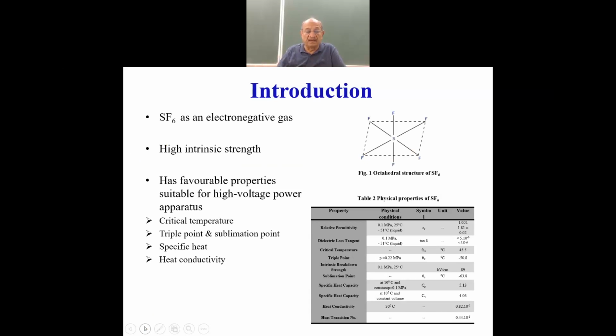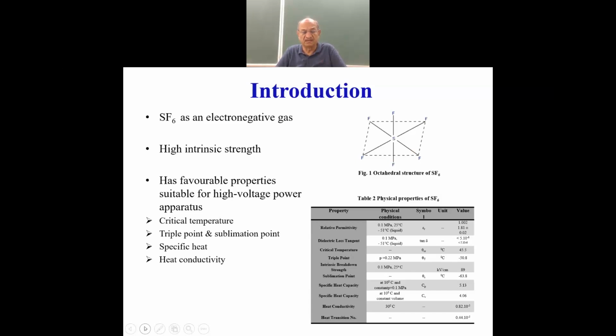So as compared to atmospheric air, let's talk about SF6 gas, the electronegative gas. I did mention that the intrinsic strength, that is the inherent strength, which is measured in the case of gaseous dielectrics in uniform field for a gap distance of 1 centimeter, for SF6 gas is 89 kV per centimeter.